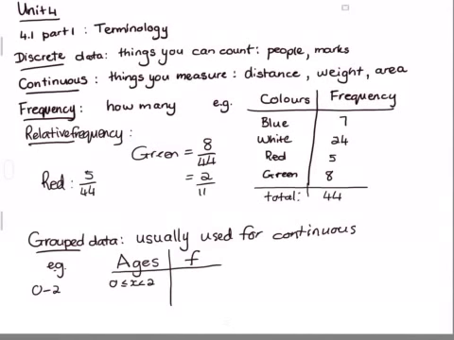meaning if the child is 2 years old, he doesn't go into this group because it's not equal to 2. So then you would put all equal to here, and maybe that would be up to 4, and then maybe that would be up to 6, etc. So maybe there were 5 babies under 2.